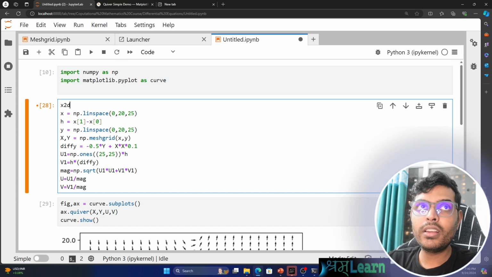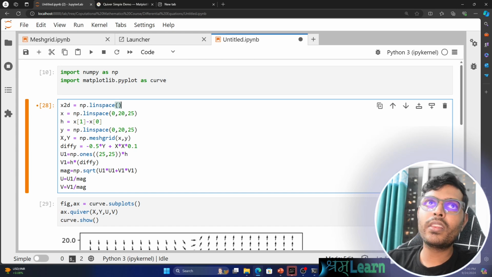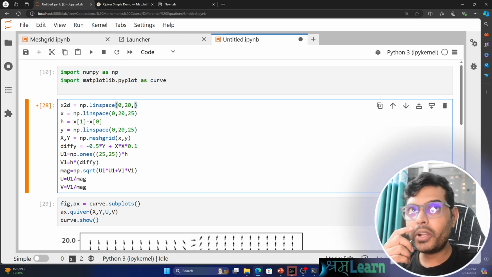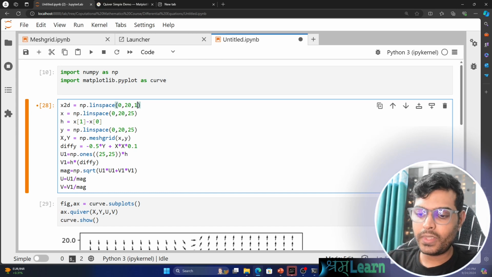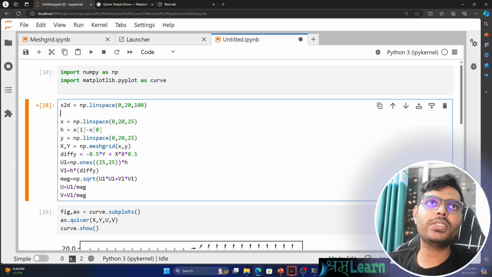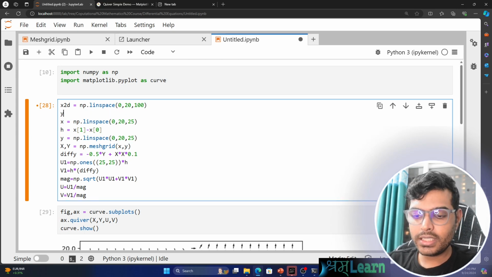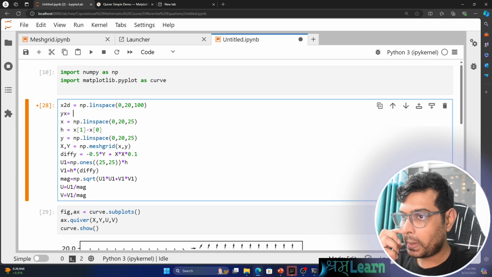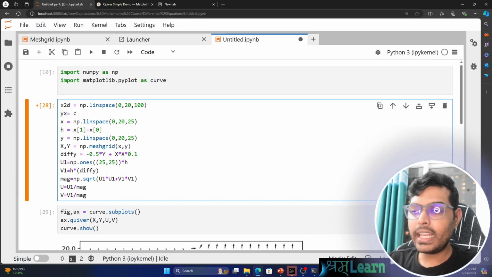Okay, x2d is equals to np dot linspace 0, 20. How many points do we want? 100. Here there is no problem. Okay, and can we plot our function? So our function is y(x), that is equals to c times np dot exp.